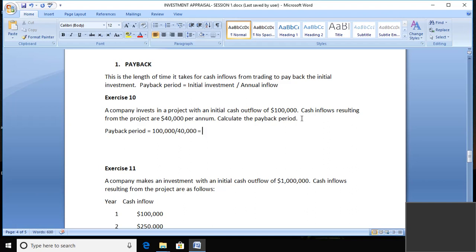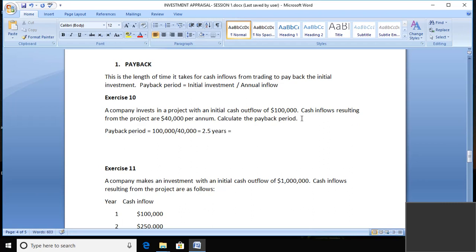What is 100,000 divided by 40,000? You should get 2.5. Now I want you to understand something there. So what is this 2.5? This 2.5 is years.